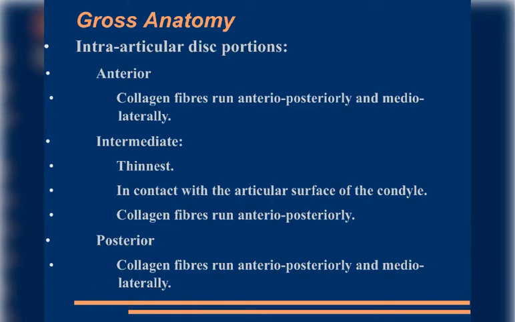Continuing with the intra-articular disc. In the anterior part of the disc, the collagen fibers run anterior-posteriorly and mediolaterally. In the mid region, the intermediate part, it's the thinnest and is in contact with the articular surfaces of the condyle.